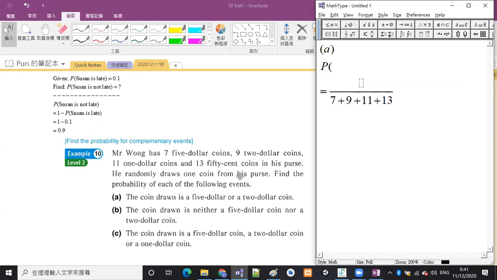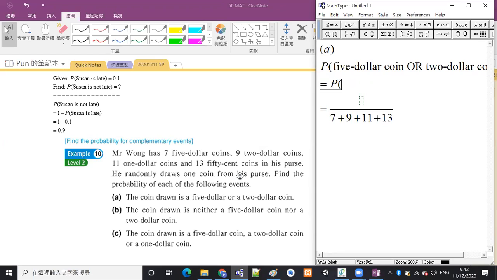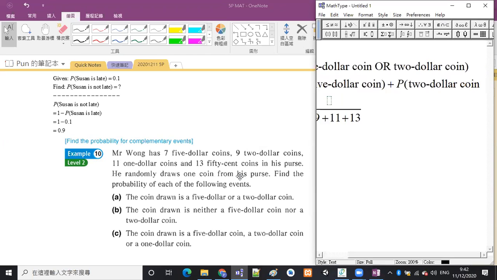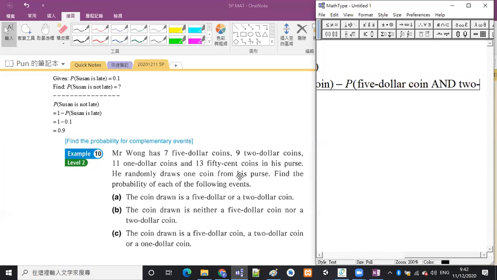So what we're finding is like this: $5 coin or $2 coin. Okay, so we do this first. P($5 coin), and then plus P($2 coin), and then minus P($5 coin and $2 coin).